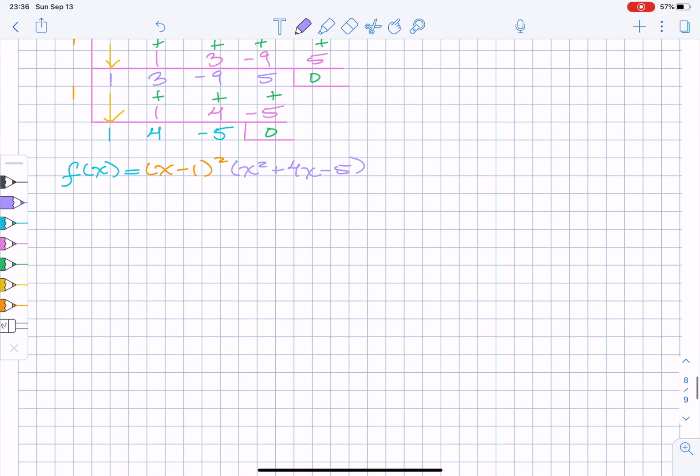Okay, so that means that x is equal to negative b plus or minus the square root of b squared minus 4ac all over 2a. Actually, these are real. Okay.